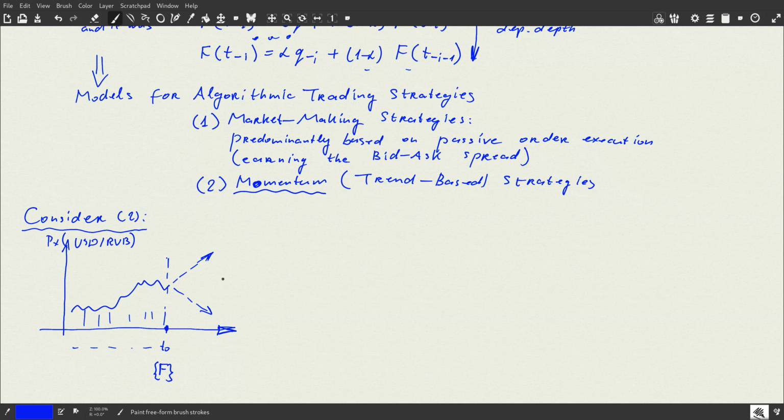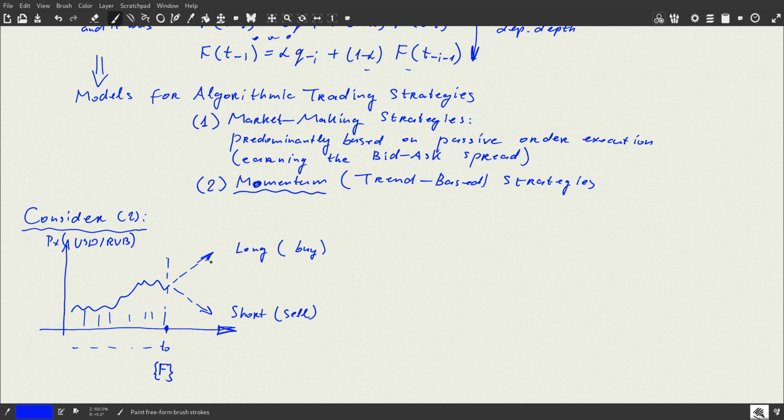And based on this prediction, you take either a long position, if your prediction is up, long buy USD ruble contract, or short sell USD ruble contract in order to ride on the predicted trend.